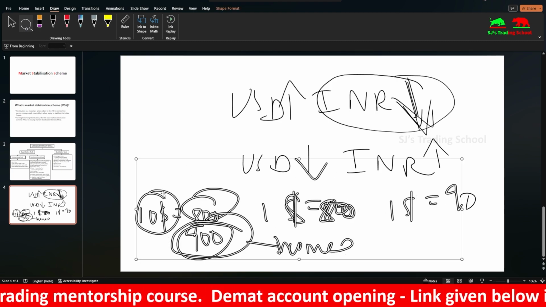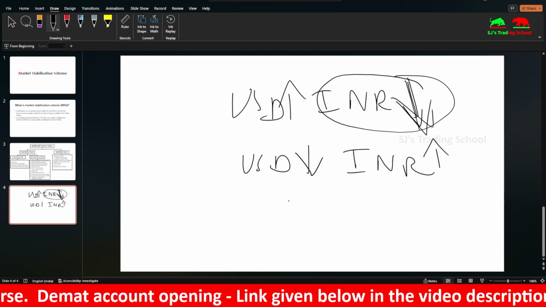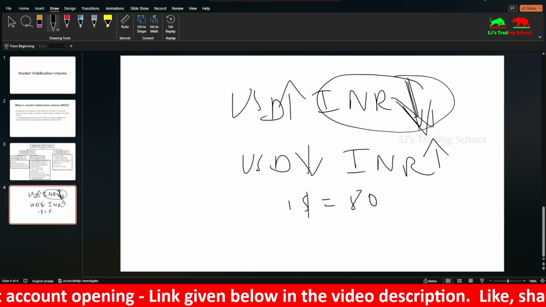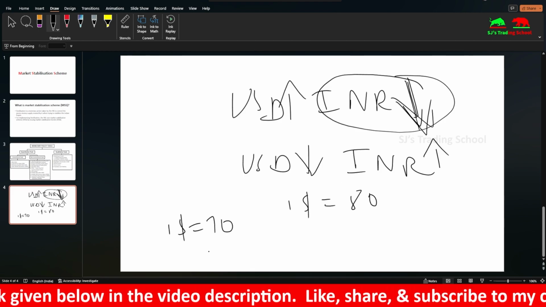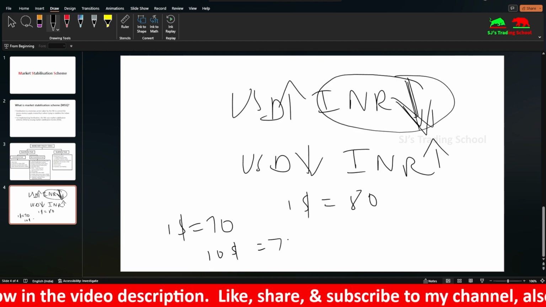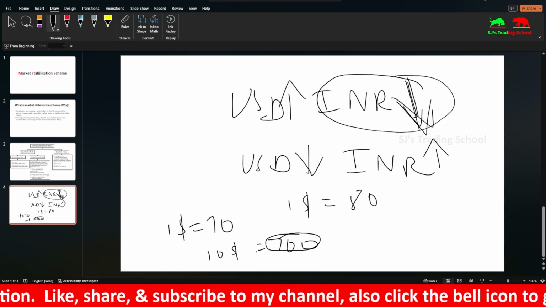Similarly, in case of appreciation, what happens? $1 is equal to 80 rupees. If $1 becomes 70 rupees, and I'm importing something worth $10, I have to pay fewer rupees. For 700 rupees itself, I will get goods worth $10 from the USA.